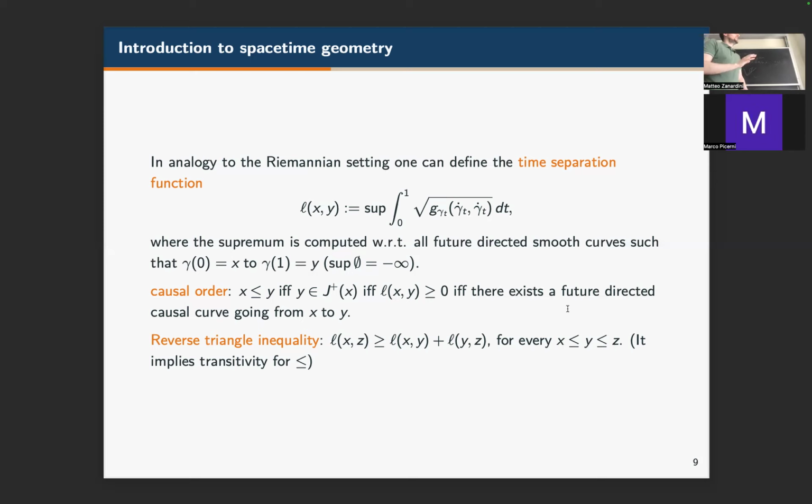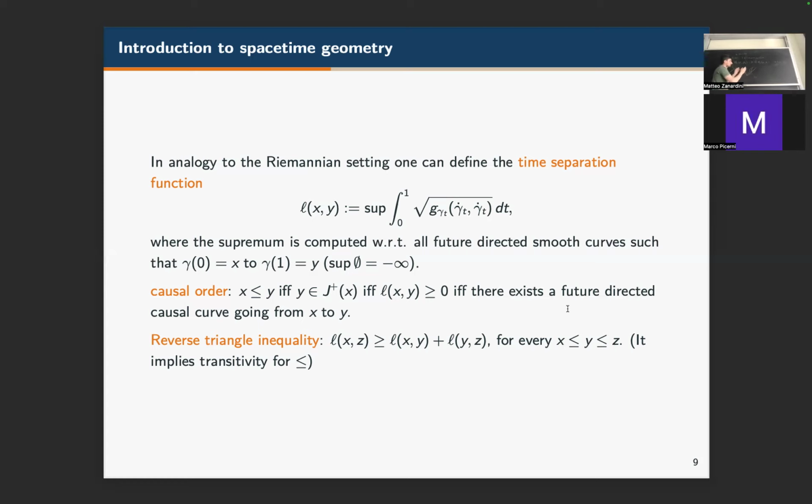This kind of definition produces the so-called causal order. So given two points, x and y, you say that x lies in the causal past of y, provided L is non-negative, or equivalently, there exists a future directed causal curve that joins x to y. Okay, this is precisely given a point x.